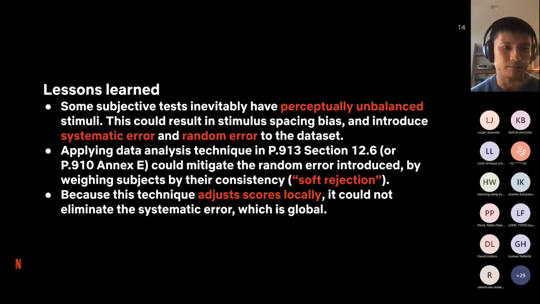The second lesson is that applying data analysis techniques like P.913 section 12.6 or the same as P.910 LXE could mitigate the random error by weighting subjects by their consistency, the so-called soft rejection. And the last one is that because these techniques adjust the scores only locally, they don't help to address this global bias issue. They could not eliminate this systematic error.